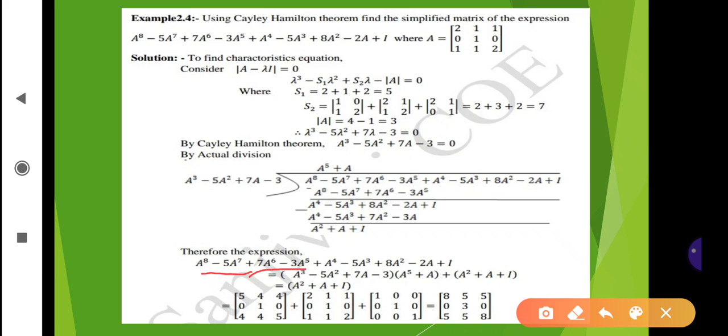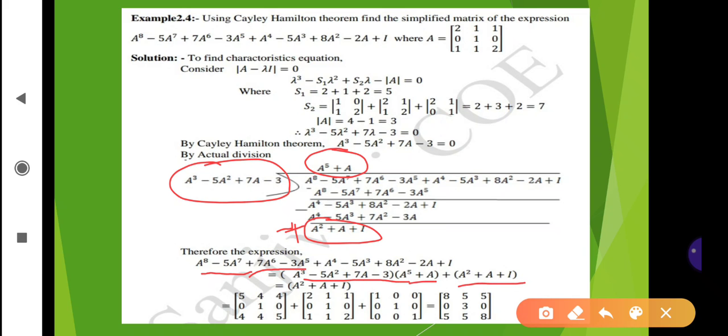we can write the multiplication of this into this, plus the remainder. So I just multiply this A cube minus 5A square plus 7A minus 3 into A square plus A, and plus this remainder A square plus A plus I. Now out of that, see, the value of this statement is 0. A cube minus 5A square plus 7A minus 3, according to the Cayley-Hamilton theorem, this is 0.